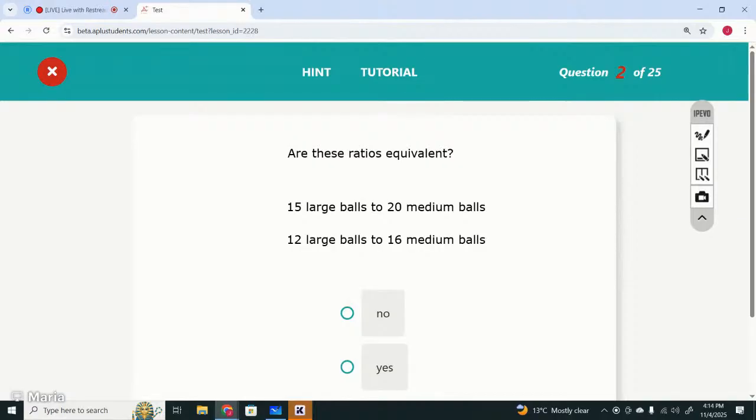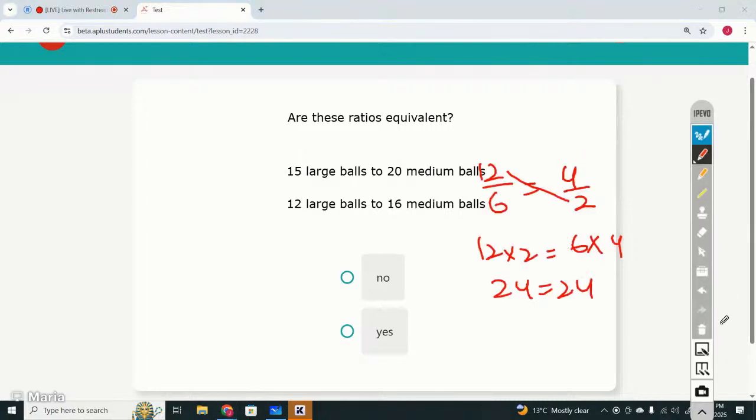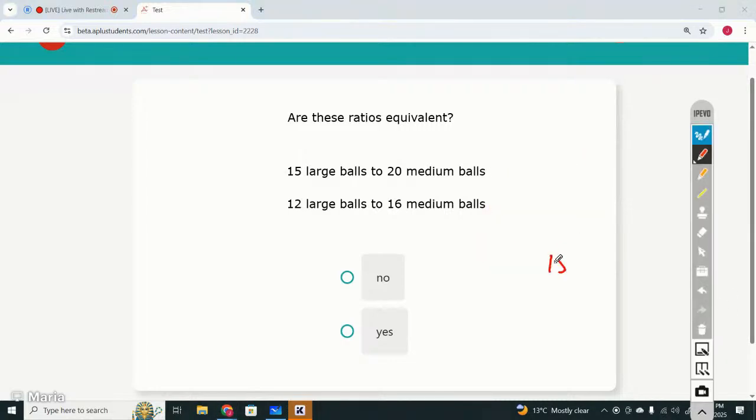Are these ratios equivalent? 15 large balls to 20 medium balls and 12 large balls to 16 medium balls.